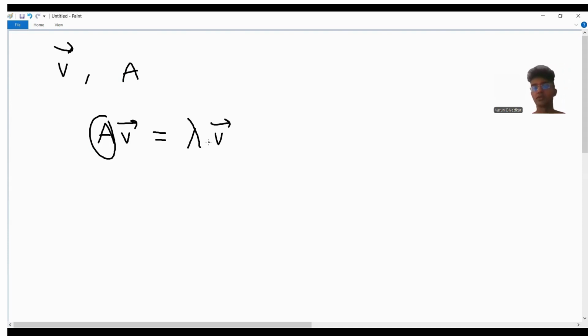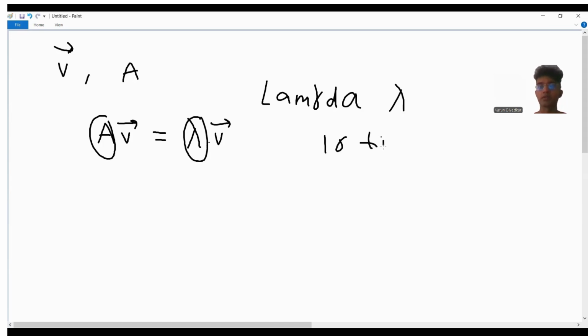It stretches or reduces. Let's say the Greek letter lambda denotes the amount of stretching or reducing. Suppose the vector stretches by 10 times, then lambda equals 10. Suppose it compresses by half. In that case, lambda is 0.5 because the vector becomes half of its original dimension. So that's what lambda is.